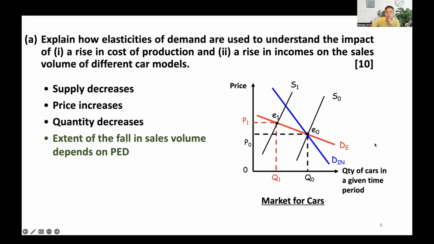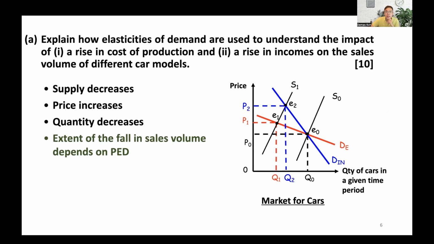But if demand were price inelastic, which means that the demand curve would have a relatively steeper slope, then the resultant equilibrium E2 would correspond to price P2 and quantity Q2.